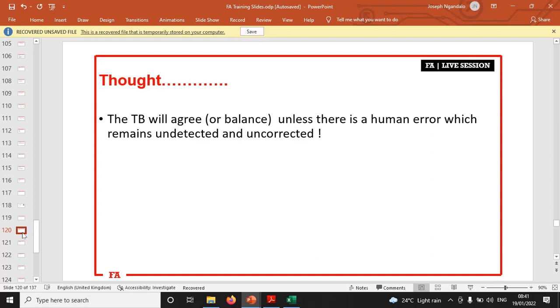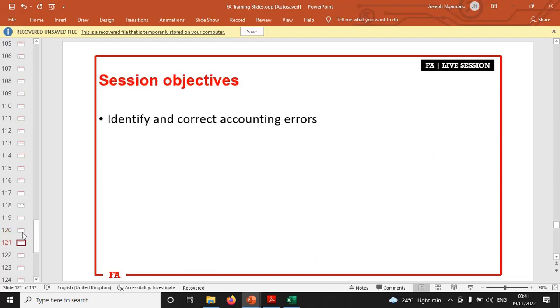And what is the objective of our session? We need to be able to identify and correct accounting errors. That is the reason why we have met today, isn't it? Be able, at least on basic questions, and I think I've shared with you some questions, to identify and correct accounting errors.